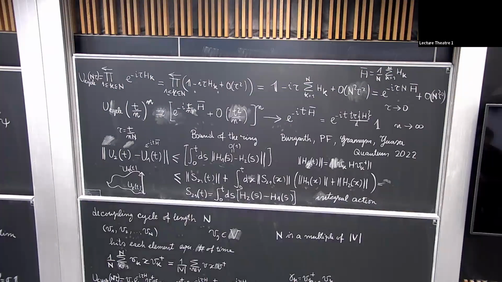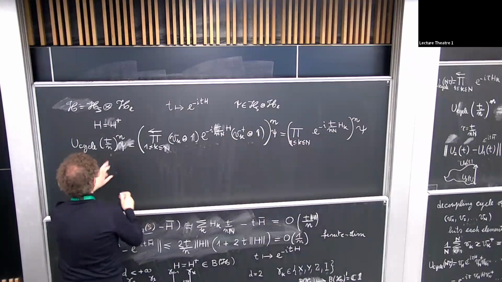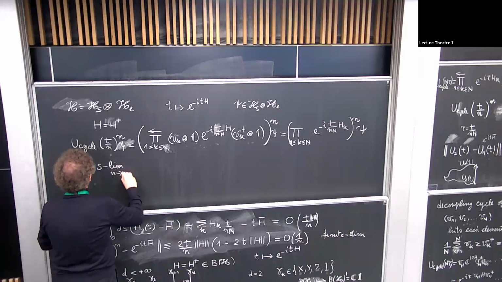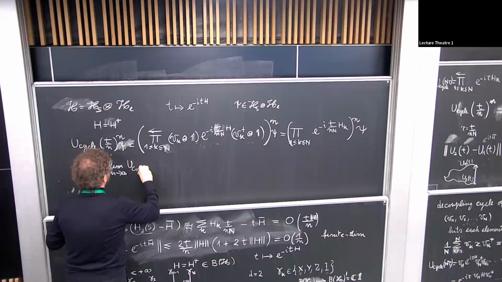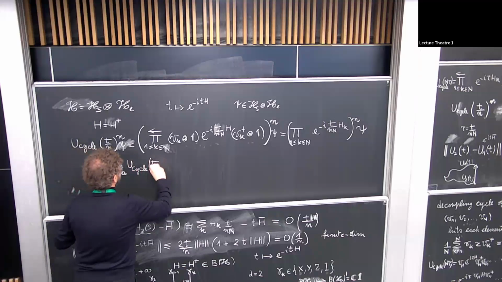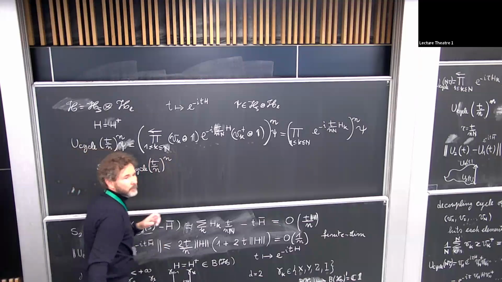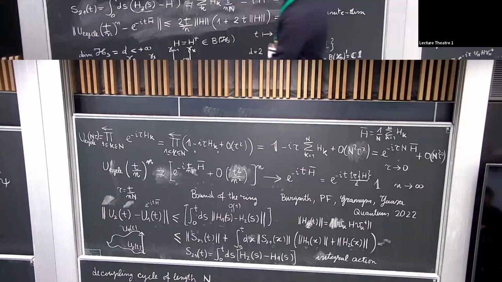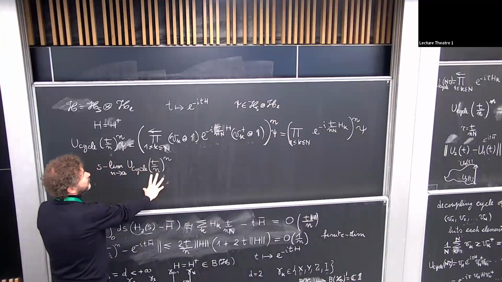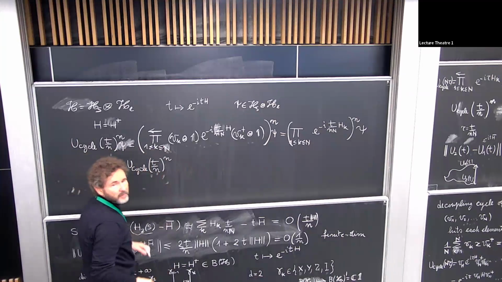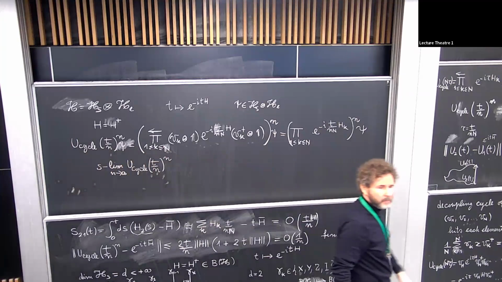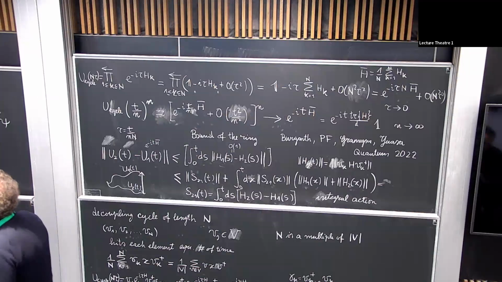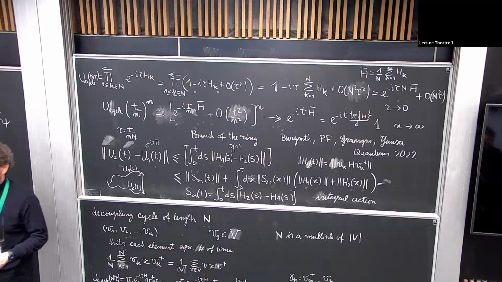So I'm interested essentially in the strong limit as n goes to infinity of U to the power n applied to psi. And you immediately see that if the limit exists, the convergence depends on the state.